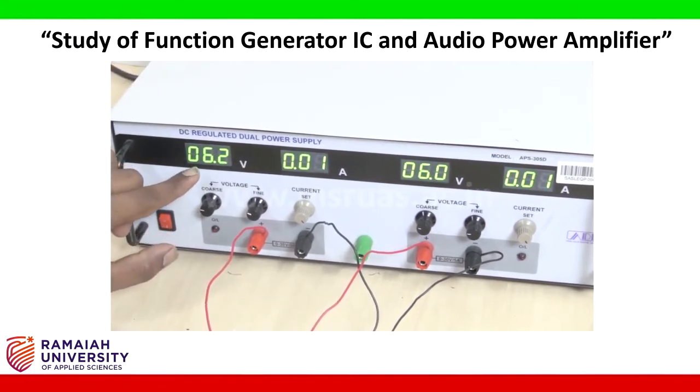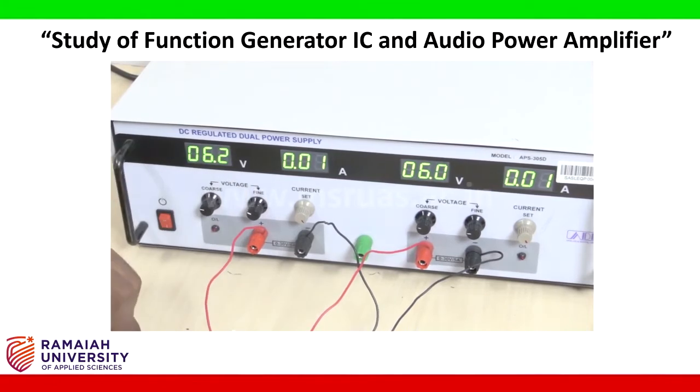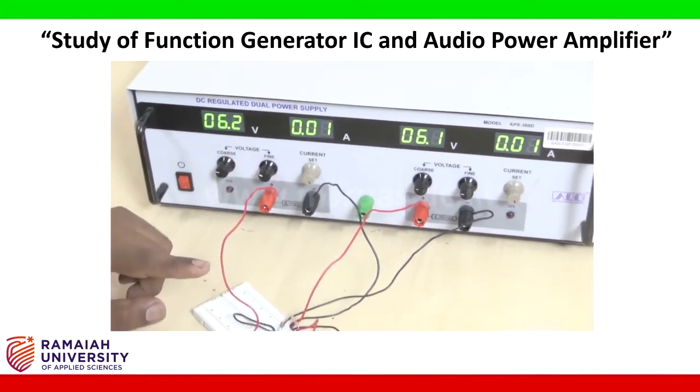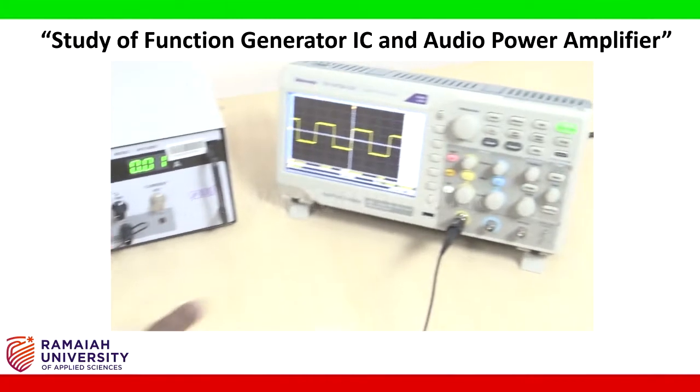That will be set to 6.2 and this also set to some 6 volt. Now you can find the square wave at the output.